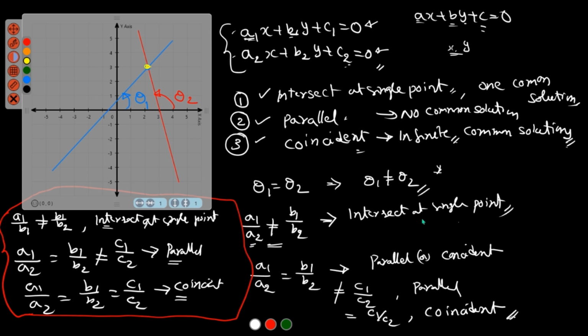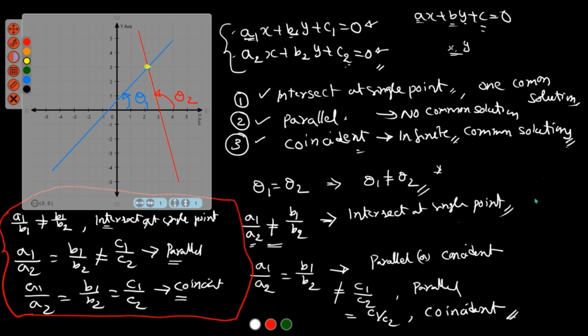Any pair of linear equations that has at least one common solution is called a consistent pair of equations. If it does not have any common solution, not even a single solution, it is called an inconsistent pair of linear equations.